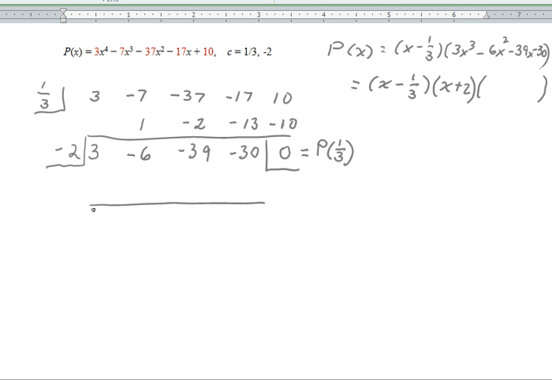So 3 will be the leading coefficient in the quadratic. 3 times -2 is -6. Add -6 with -6 gives us -12. -12 times -2 is +24. Add -39 is -15. -15 times -2 is +30.